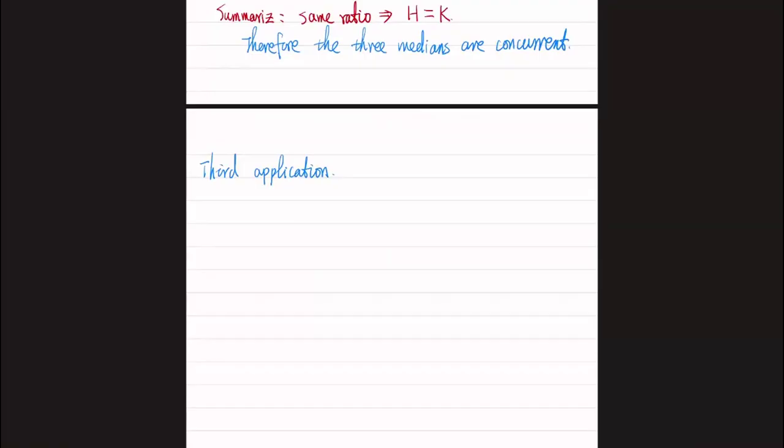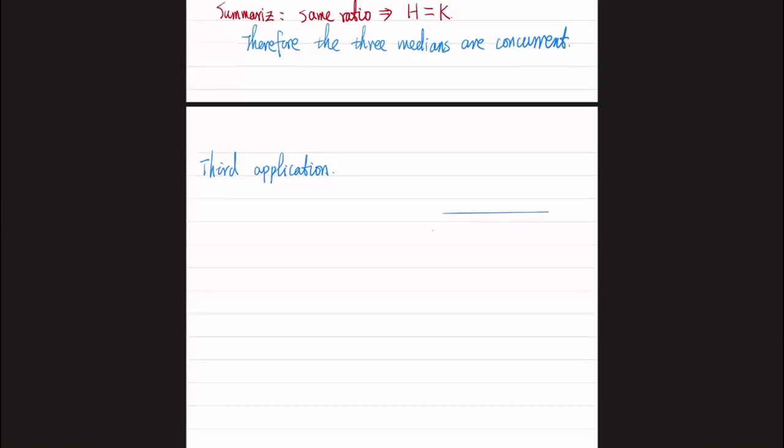Let's start with a segment. We'll pick the midpoint and draw a line perpendicular to AB through the midpoint.